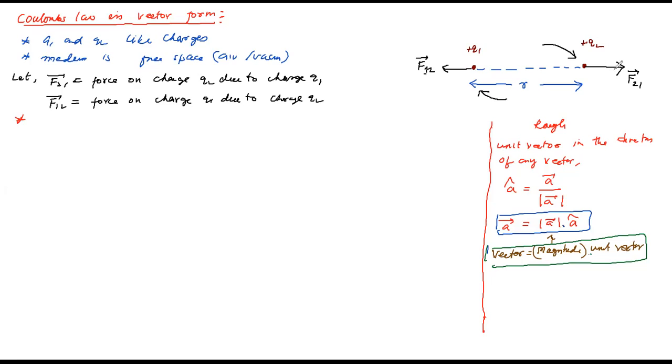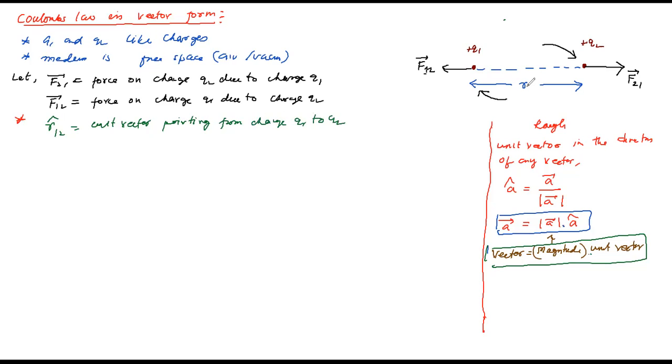As you can see clearly in this case, the direction is from charge Q1 to Q2, and in order to indicate that direction, I'll take one unit vector, that is r cap 12, which means direction pointing from Q1 to Q2.